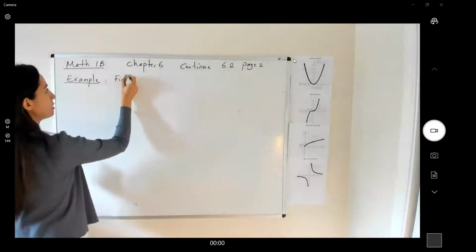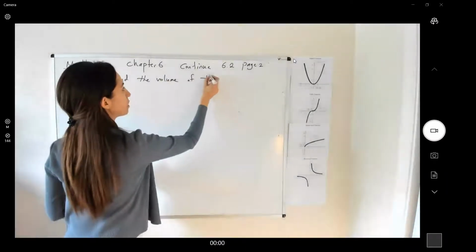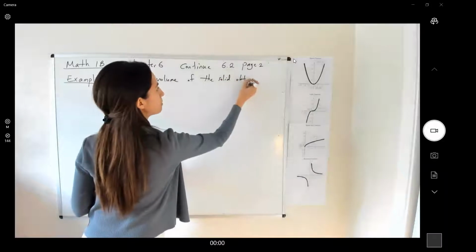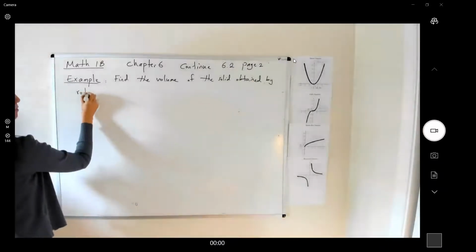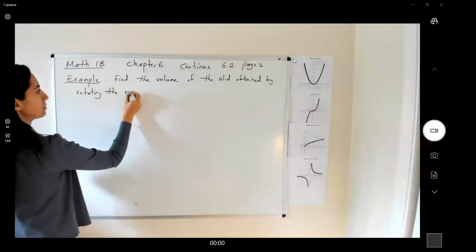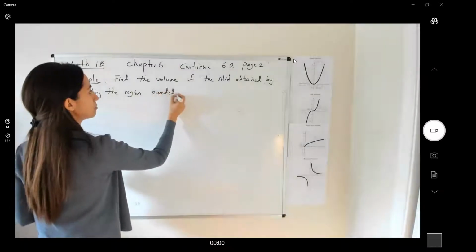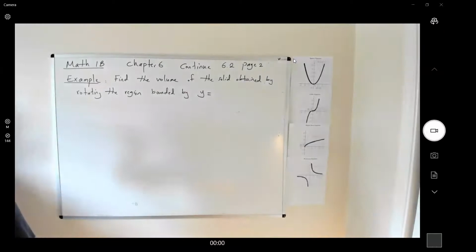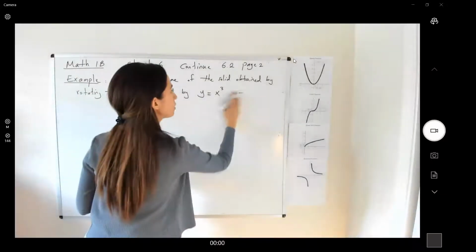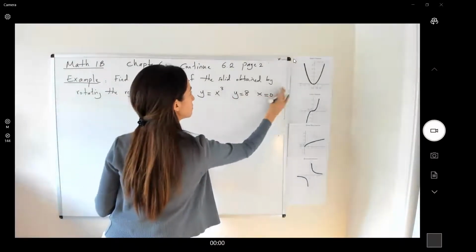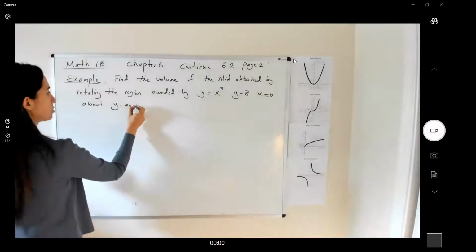The question says, find the volume of the solid obtained by rotating the region bounded by y equals x cubed, x equals 0, and y equals 8, about the y-axis.